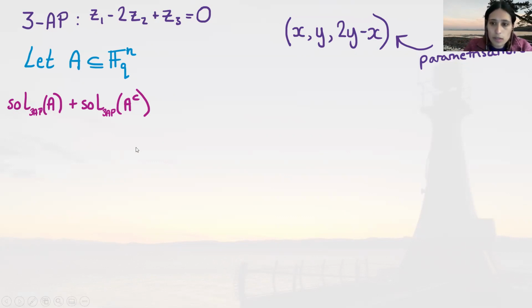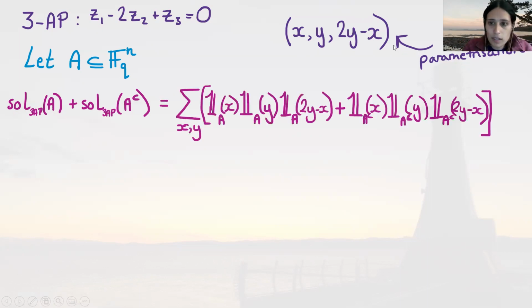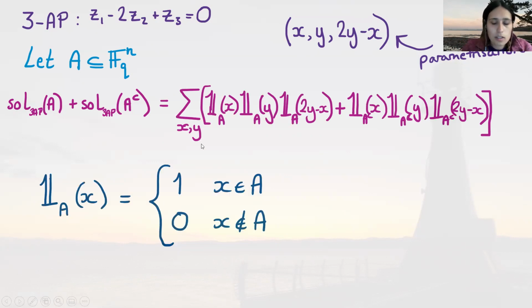So what we can do is write down exactly what this number is using indicator functions. If we take the sum over all x and y, well, what does this term say? This term basically gives us a 1 whenever each of these three things are in our set.